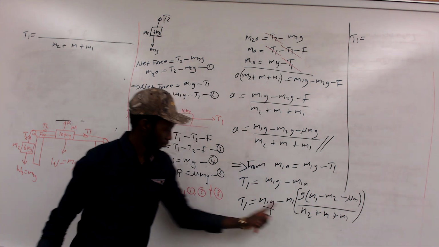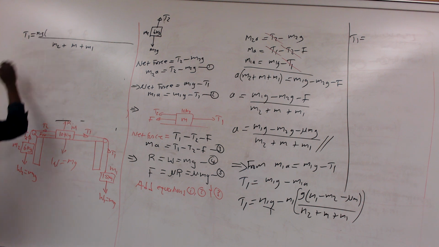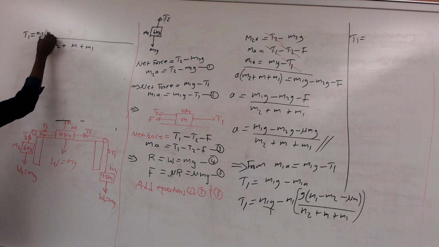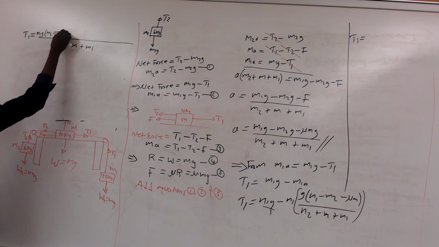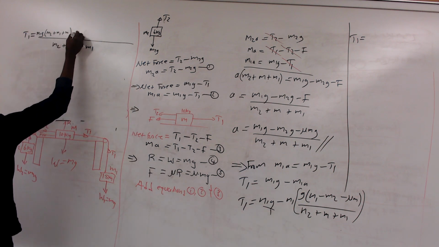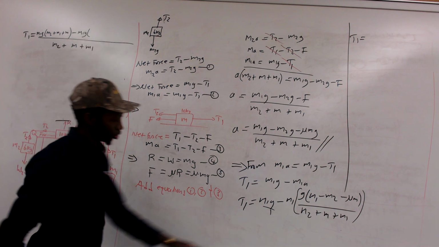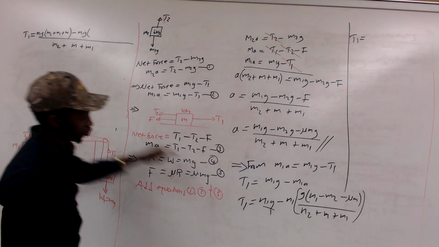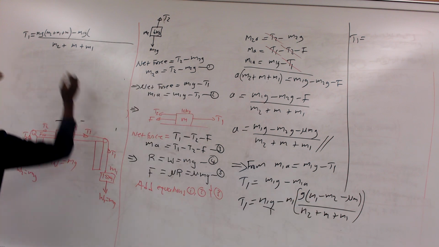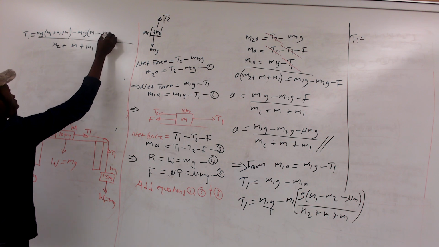It's going to be M1G into M2 plus M1 plus M, and we have our minus sign, minus M1G into the top, which is M1 minus M2 minus mu M.